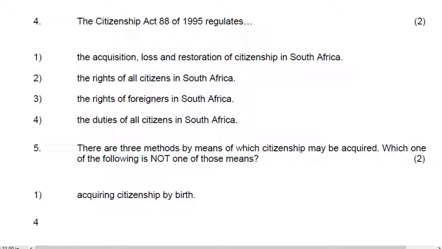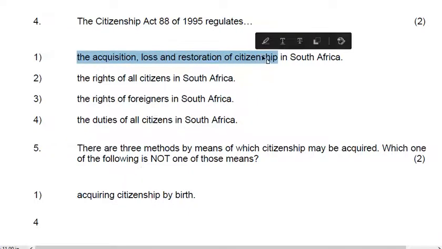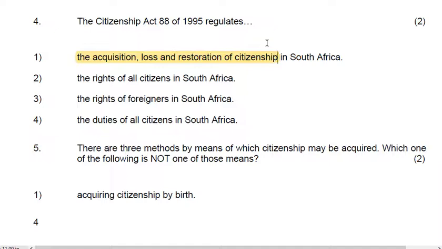The fourth question, the Citizenship Act 88 of 1995 regulates, the answer is 1. The acquisition, loss, and restoration of citizenship in South Africa.